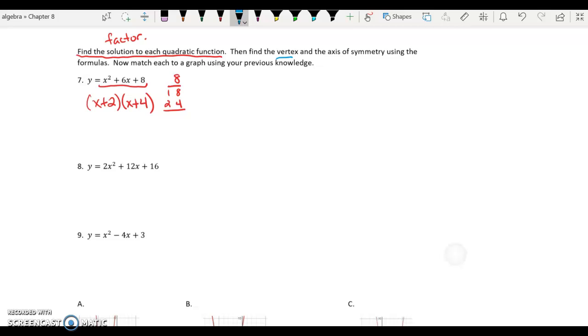Now, we're going to find the vertex and the axis of symmetry. To find your vertex, we still need to use negative b over 2a. So I'm going to say x equals negative 6 over 2 times 1. So it's going to be negative 3 for your x value. If that's negative 3, I have to plug it back in to find my y value.